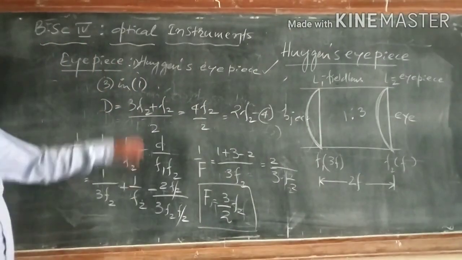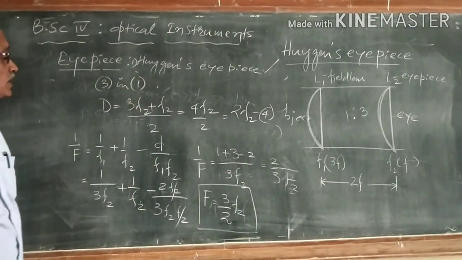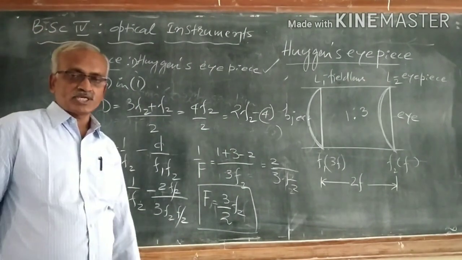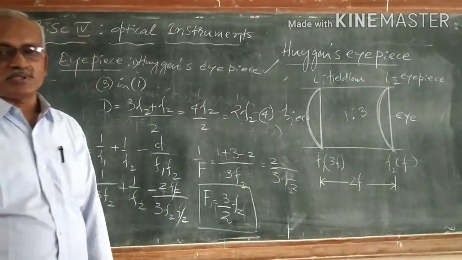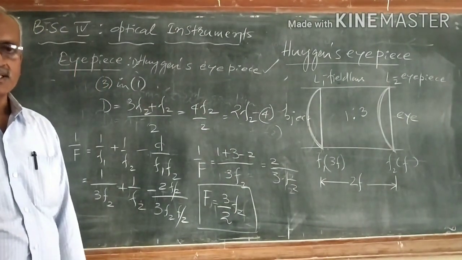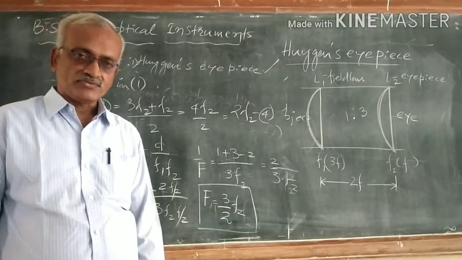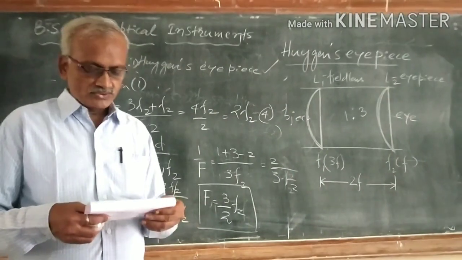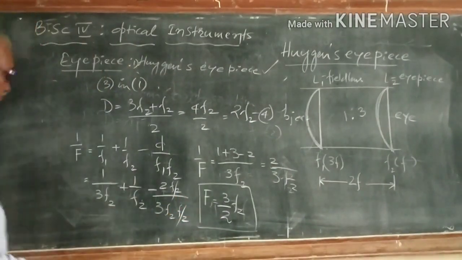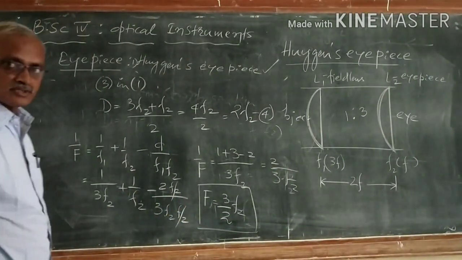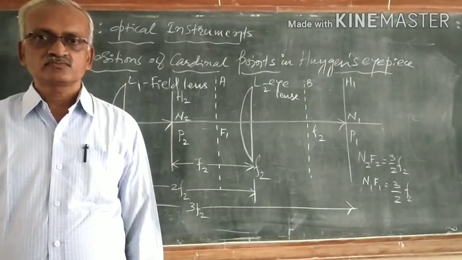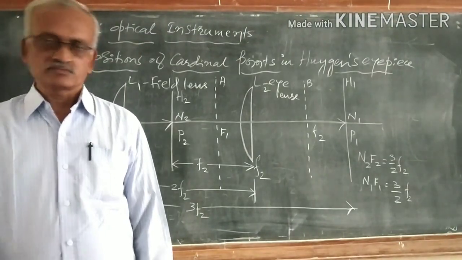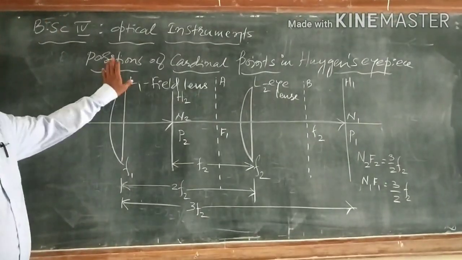So we have different equations 1, 2, 3, 4, and from these equations we came to know these are the equations which can minimize the chromatic or spherical aberration, and this is the condition for achromatism and for the separation of the two lenses. So this is another figure.